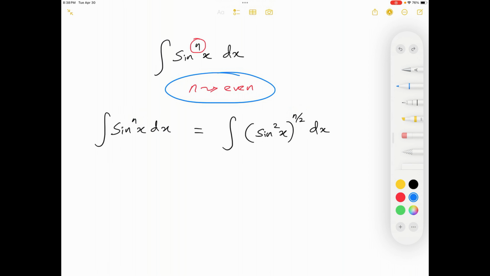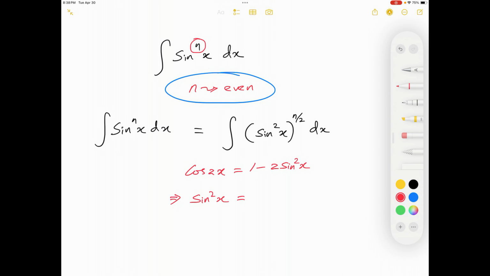Alright, after writing it down that way, we are going to convert the sine squared x term into a first order cosine term. We can do that using the cosine 2x expansion. We know cosine 2x is equal to 1 minus 2 sine squared x. This is one of the three expansions available for cosine double angles. From this identity, we can make sine squared x the subject.